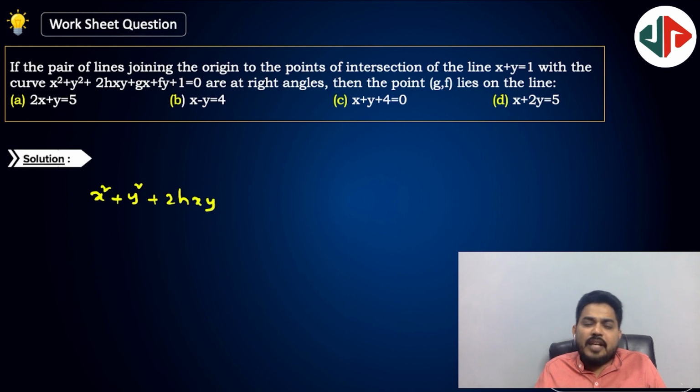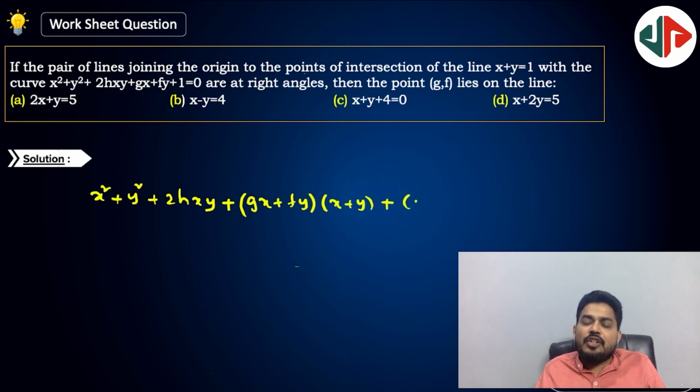We will not touch it till here. Plus (gx plus fy), which is a first degree term, into 1; instead of 1, I will write x plus y, right?